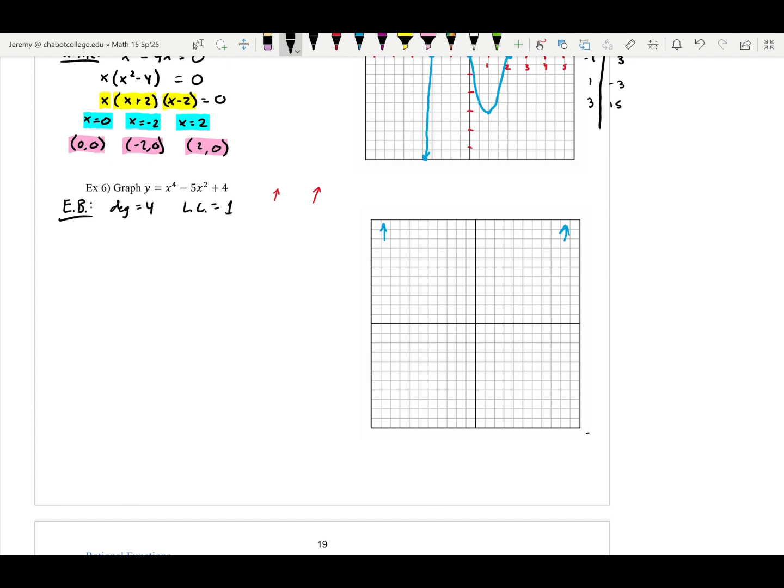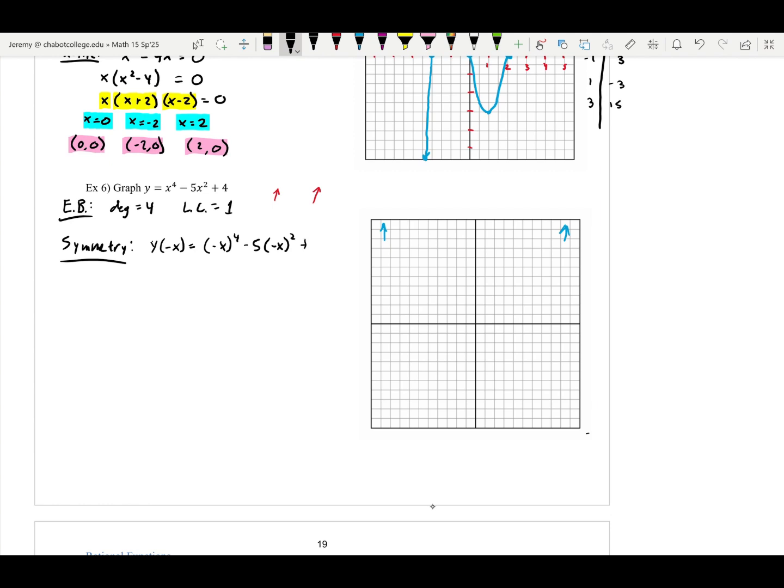How about symmetry? Are we going to have any symmetry for this function here? Well, let's look at y of -x. So I'll plug -x into the function, and I get -x to the 4th, -5 times -x squared.